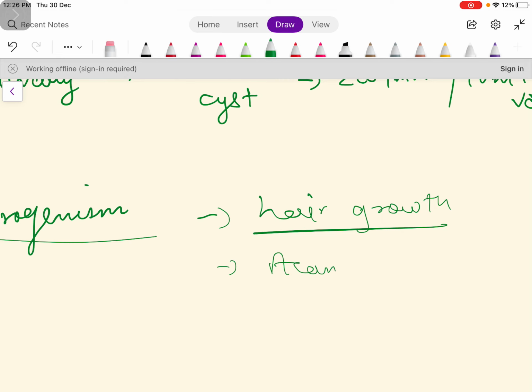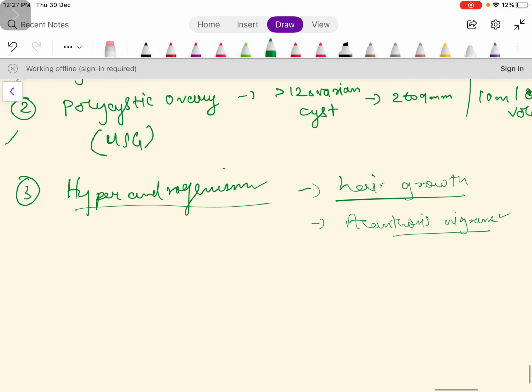And there can be acanthosis nigricans, that is pigmentation at the nape of the neck, because of this hyperandrogenism.